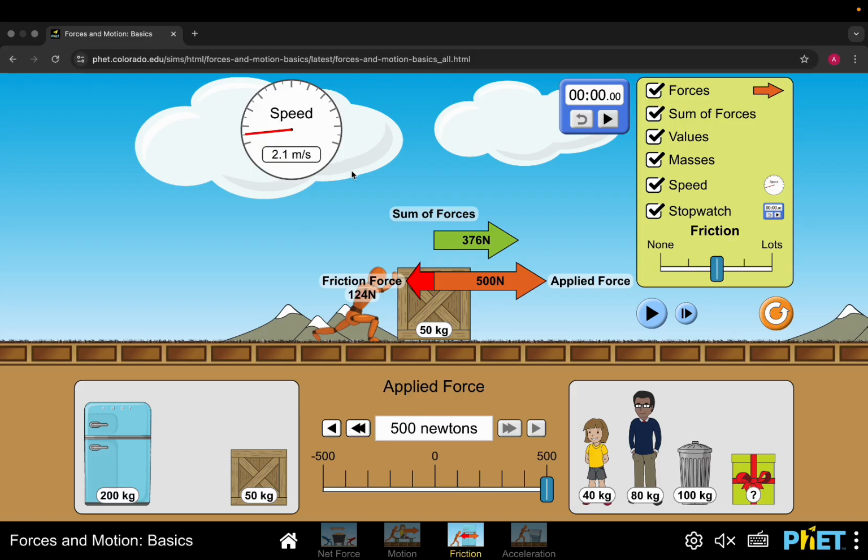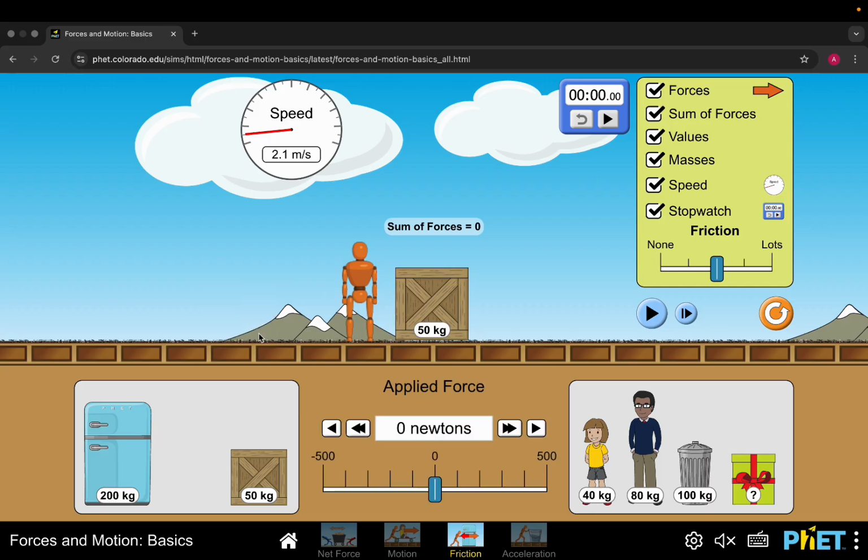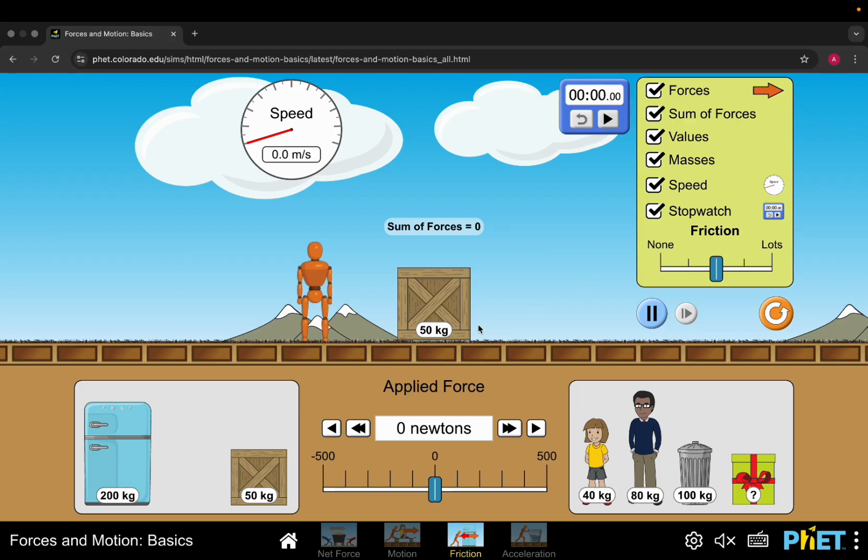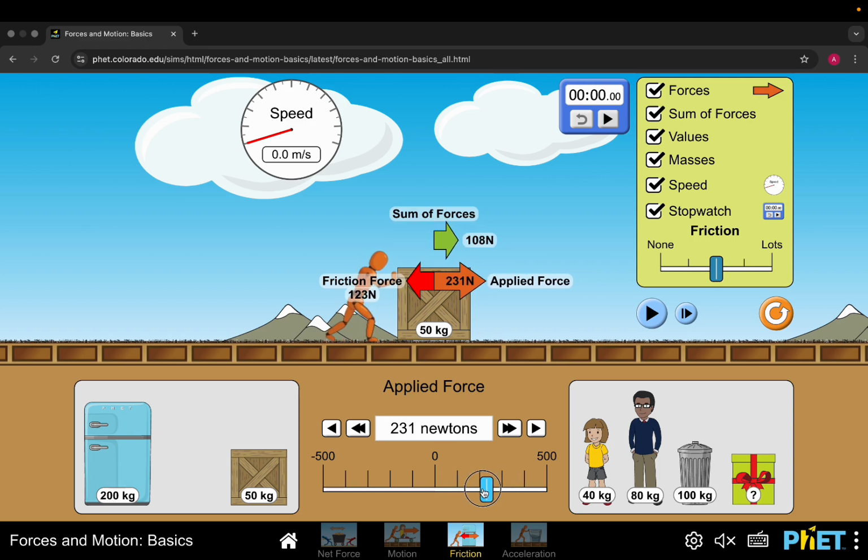I haven't even started. Oh, but there's already a speed. Wait. Let me reset all this. Oh, wait a second.